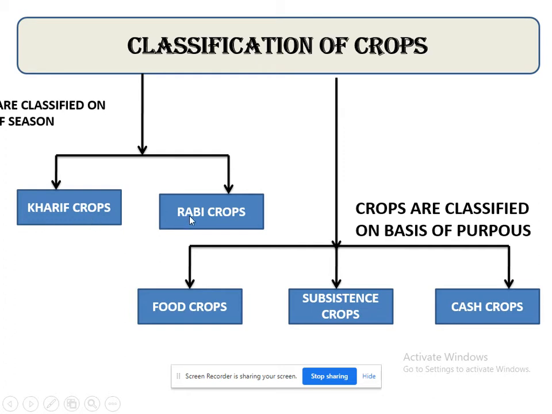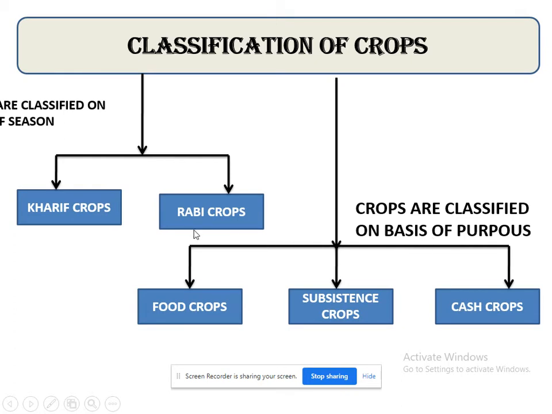Second one, Rabi crops. So these two crops come under the crops which are classified based on season. Next one, food crops, subsistence crops, cash crops. These all crops will come under the crops that are classified on the basis of purpose.